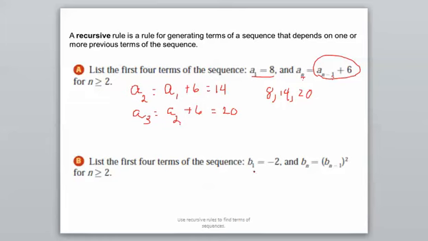Here's an example down here where we've got b sub 1 and we've got b sub n, and b sub n minus 1 is defined. Okay?